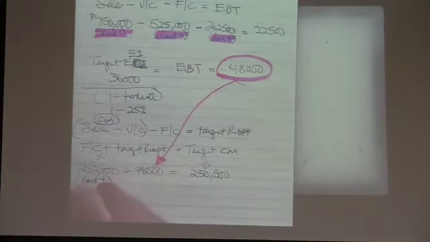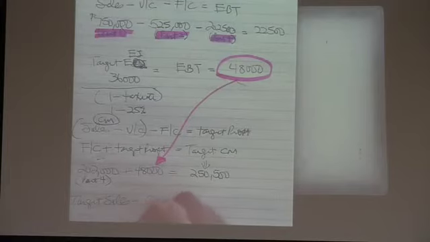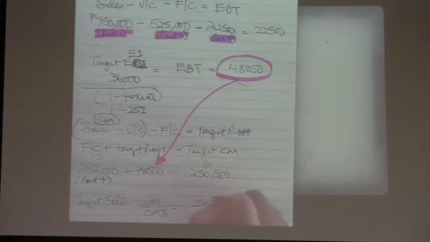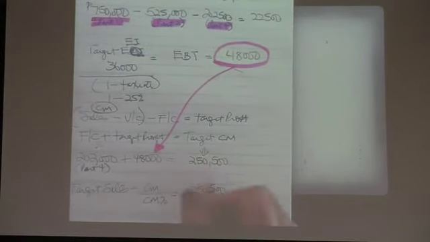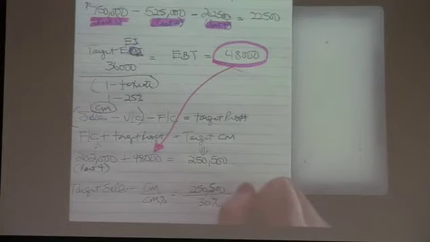Now, target sales equals contribution margin divided by contribution margin percentage. The contribution margin is 250,500, divided by 30% contribution margin, to give us 835.